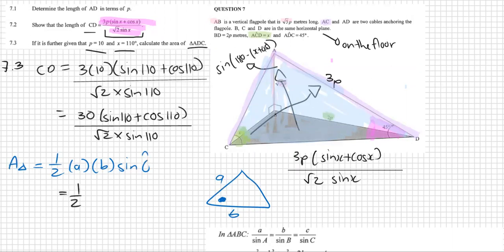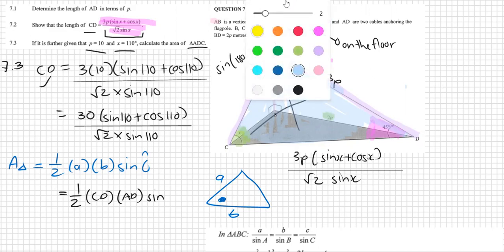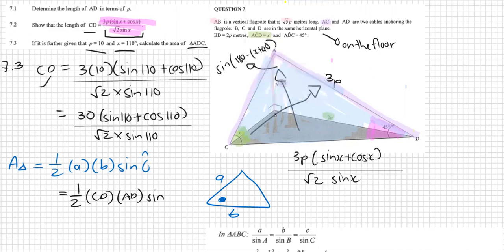Now we have CD, so we definitely want to use CD. This is CD here, okay. And we have 3P, which is AD. We have AD, and then if we look at our angle sandwiched between the two, let's pick a very striking color, yellow. So our angle sandwiched between those two sides is 45 degrees.